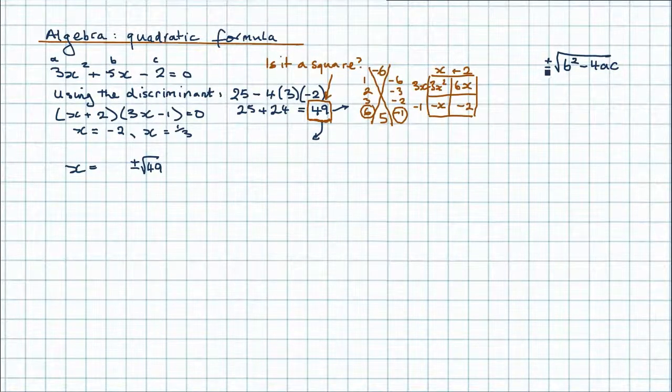Now the bit up front that people struggle to remember is minus b. That's all it is, minus b. And the final bit of the quadratic formula is the underneath bit, and again that's easy to remember, it's just 2 times a.